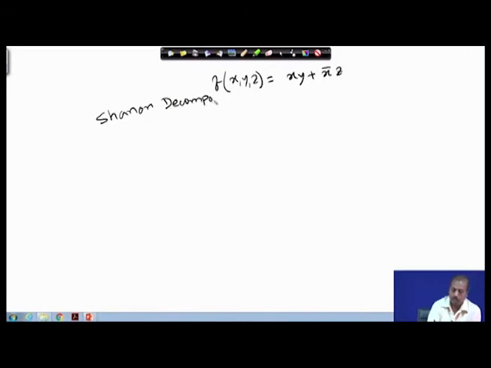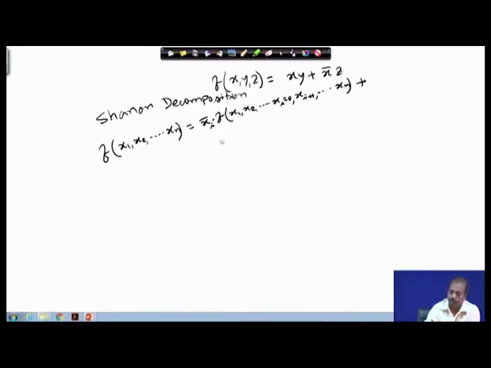This Shannon decomposition, in the most generic form, tells that if I have got an n variable function f of x1, x2 up to xn, then this can be decomposed around the variable xi, and the decomposition is given by xi bar into f, where the other variables remain unchanged, only xi is set equal to 0, plus xi into f of x1, x2, xi equal to 1, xi plus 1, up to xn.